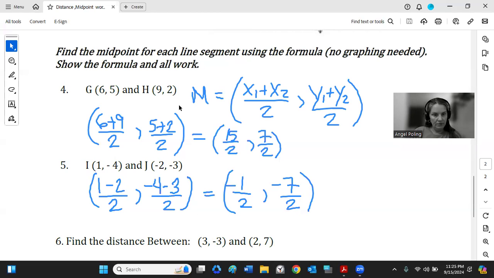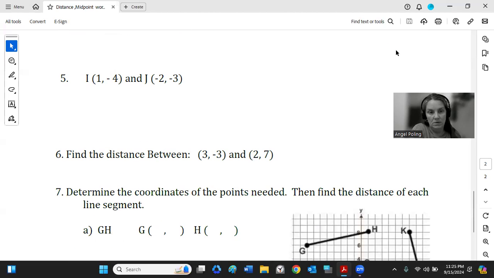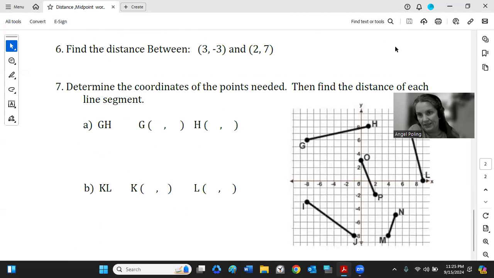Okay, now we have some distance formula problems. And then we'll be done. Okay, so we are looking at finding the distance between these 2 points, and we're going to use the distance formula.